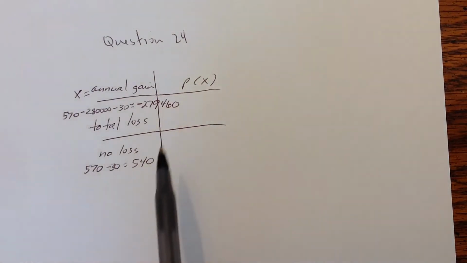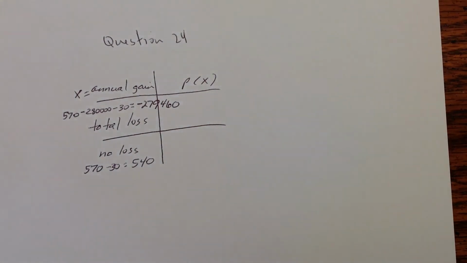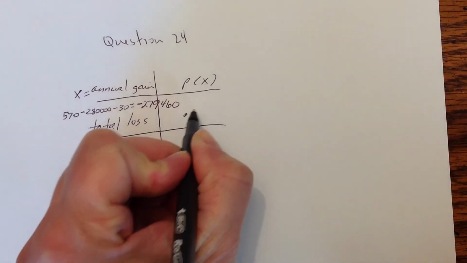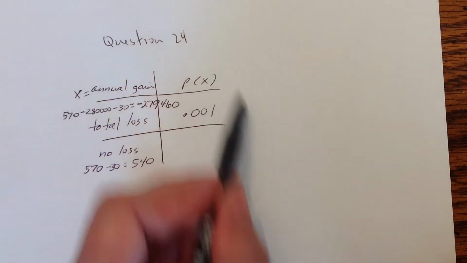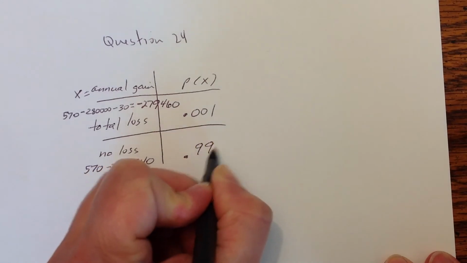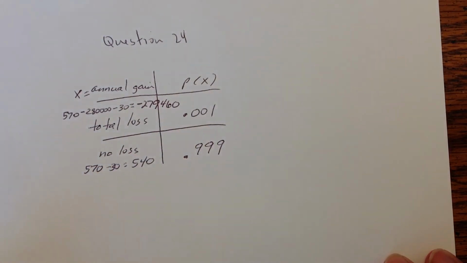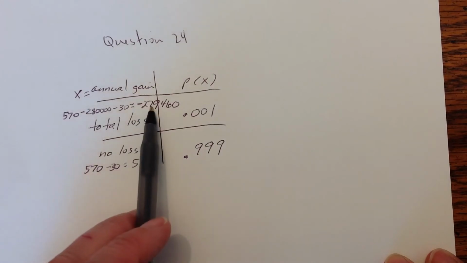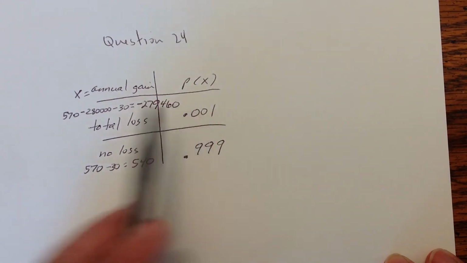Now, the probability, they tell you in the problem that the probability of total loss is 0.001. So this is 0.001, and remember, a probability distribution table, if correct, all probabilities add to 1. So you are going to have the other probability be 0.999. Now, to find the expected annual gain, you take each x and multiply it by its corresponding probability.